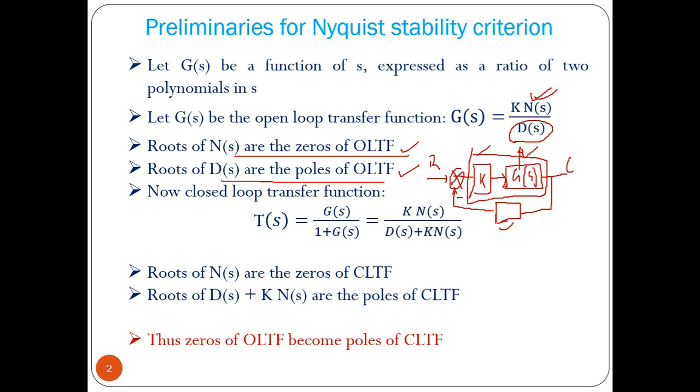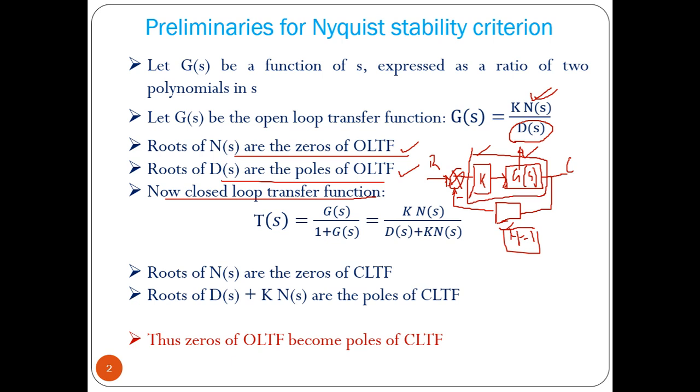Now if we find out the closed loop transfer function, that means taking care of the feedback path, if we assume H equal to 1, unity negative feedback, then the formula of the closed loop transfer function is G(s) by 1 plus G into H equal to 1.